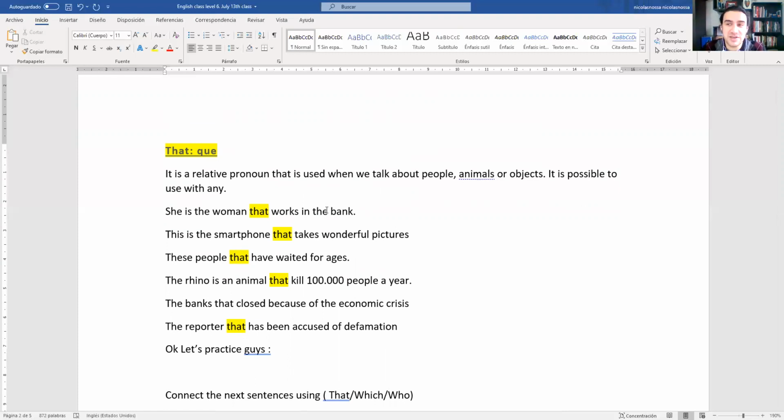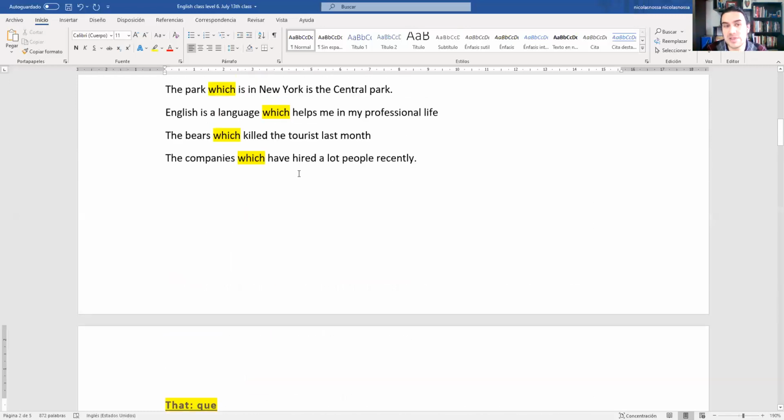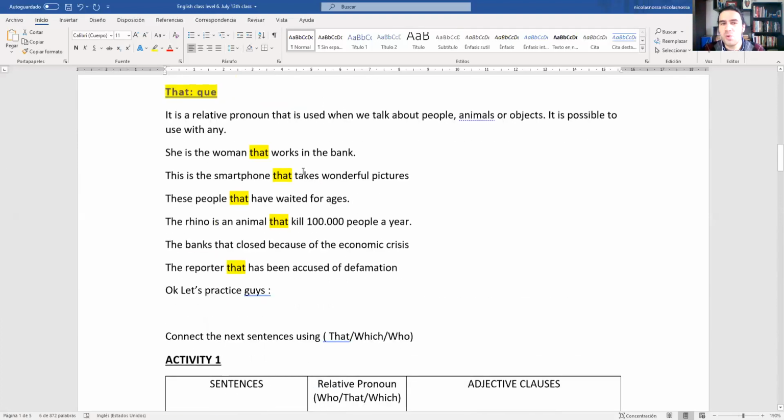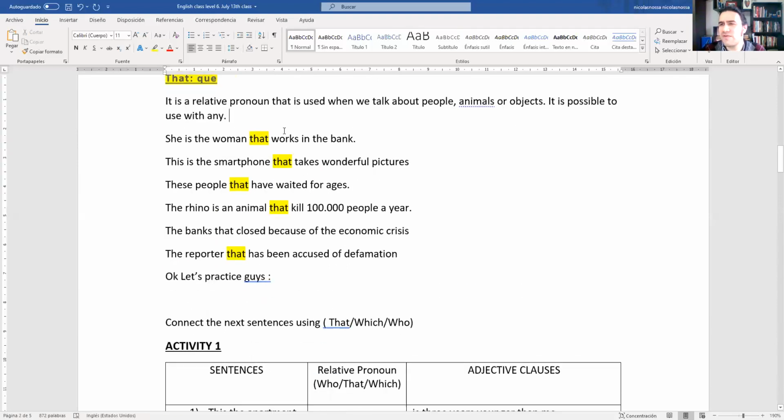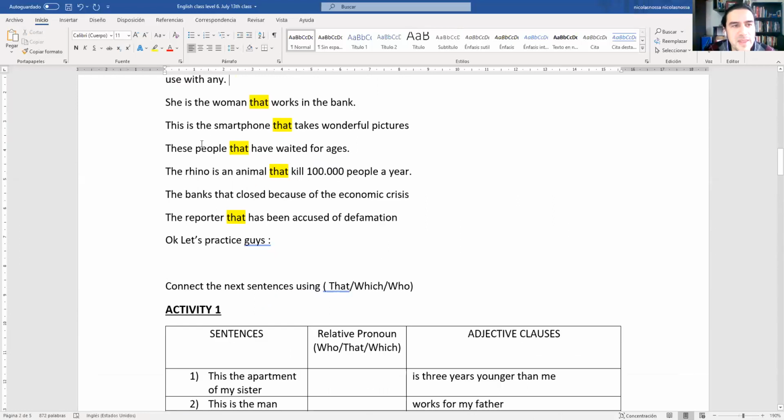I mean, the adjective clause, the descriptive sentence, with which is long, because we are giving more detailed information. With that, the information is not very detailed, it's basic information, okay? But you can use it with any. So that is for people, for objects, whatever, okay?